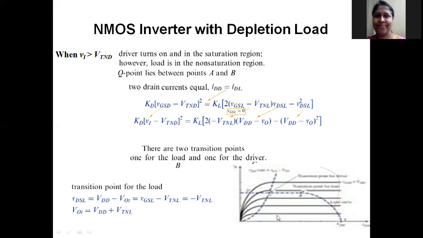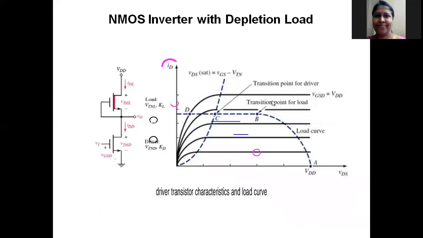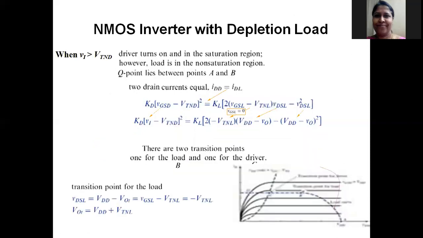So the enhancement device curve is given by this. And what is the status of the depletion device? VGS is equal to zero, no? For the depletion device, it is always in the on state. So when some current flows through this device, current also flows through the other device.